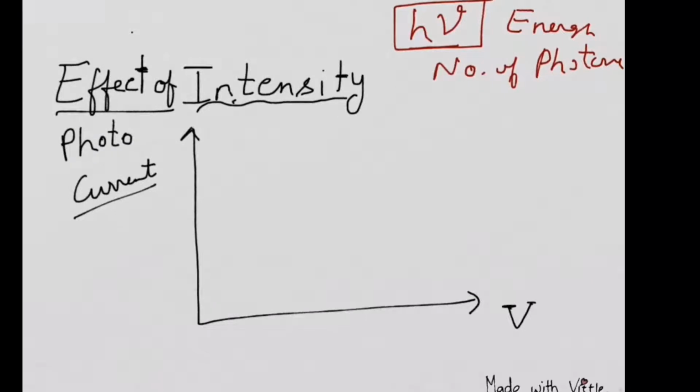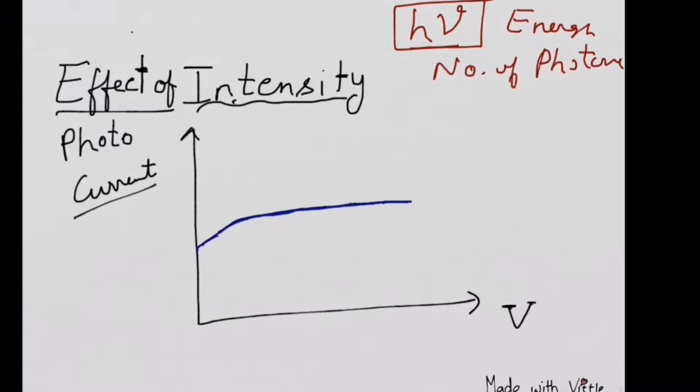So, as soon as the light is incident on the metal surface, electrons are ejected and attracted by the positive plate. When we increase the potential further and further, more and more electrons reach the plate and we will achieve a saturation current.